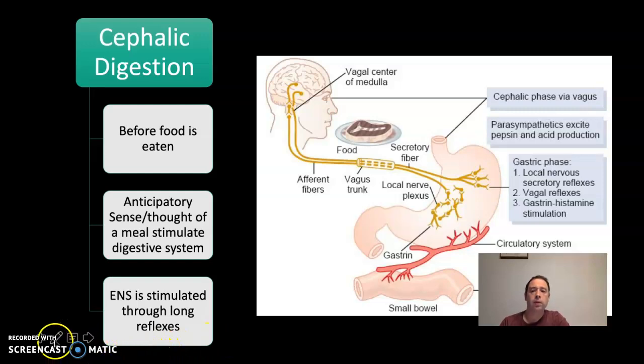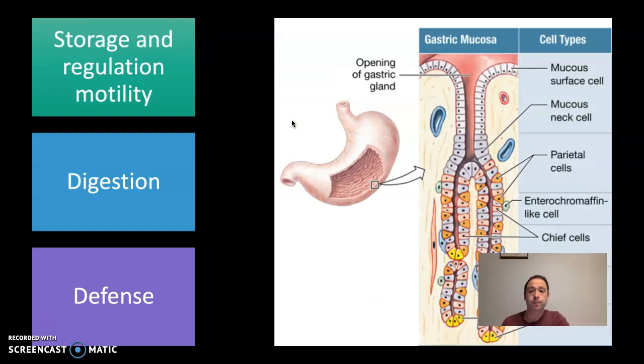This is an anticipatory sense or thought of a meal that may stimulate the digestive system. Either smelling, thinking, or seeing food could simply trigger the cephalic digestive stage. And it is this cephalic digestive stage that will work through long reflexes to stimulate the enteric nervous system to prepare for the incoming meal.